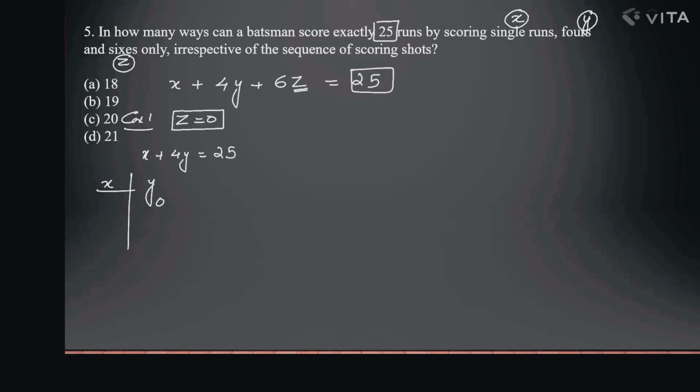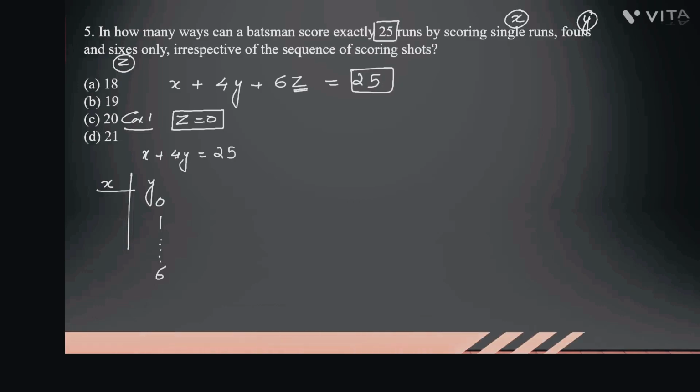All the total runs is scored by using singles, right? 25 singles and 0 fours. It's possible. And Y can be 1. One four he is scoring, and the remaining runs he is scoring by using singles. Similarly, the maximum value of Y is how many fours he can score maximum, which is 6 fours, right? 6 fours are 24 and just one single, X is equal to 1.